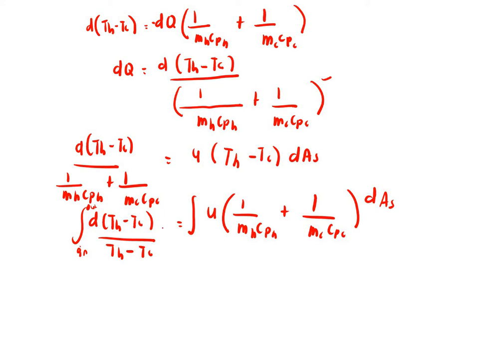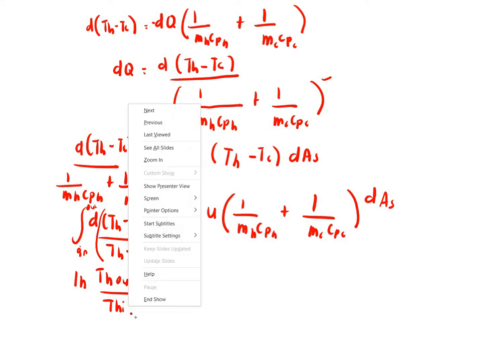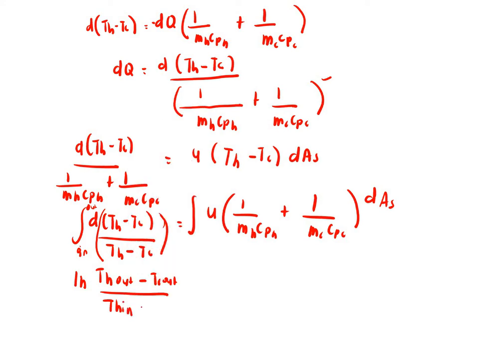Integrating all of these, we will get ln of TH out minus TC out over TH in minus TC in.